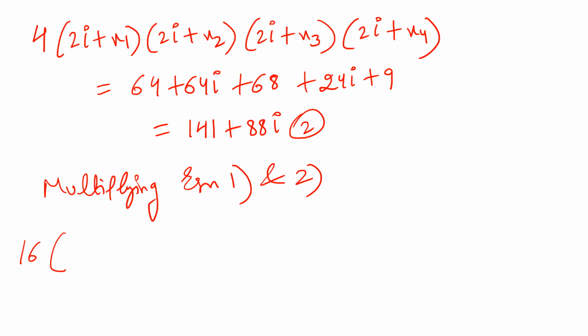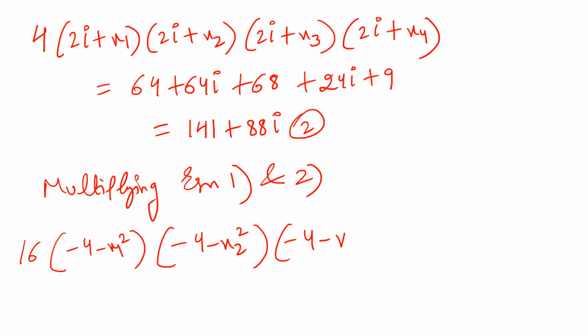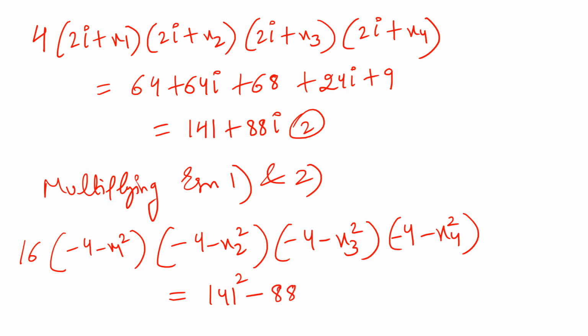It is -4 - x1^2, into the next terms -4 - x2^2, then -4 - x3^2, then -4 - x4^2, right? And on the right hand side we will be getting 141^2 - 88^2 i^2.